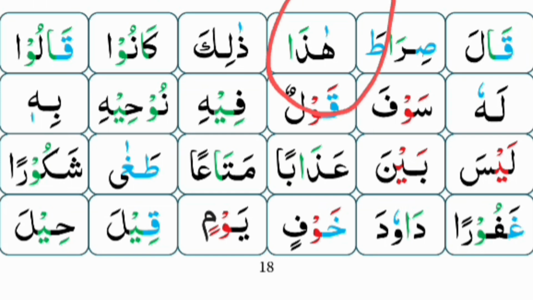So the first letter ha has a standing fatha sign, meaning a vertical fatha sign. As you know, when the vertical fatha sign comes, we stretch the letter up to one alif or up to two harkat. So we stretch ha, vertical fatha, ha.